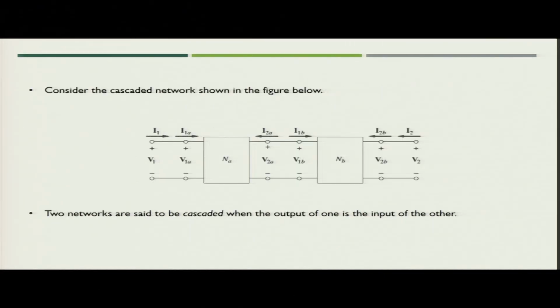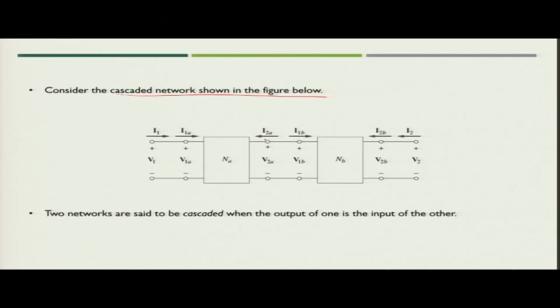Now, let us see the third case where the network is connected in cascaded fashion. Cascaded fashion means the network A output is given as an input to network B. So, if you see in this figure, I1 and V1 are the overall input voltage and current of the overall network, and V2, I2 are the output port voltage and current of the overall network.